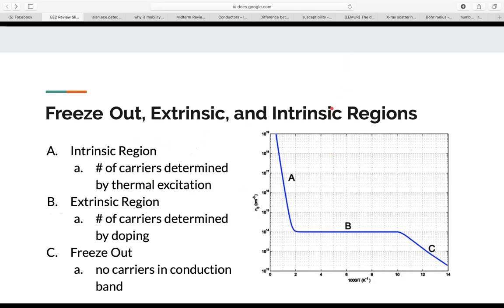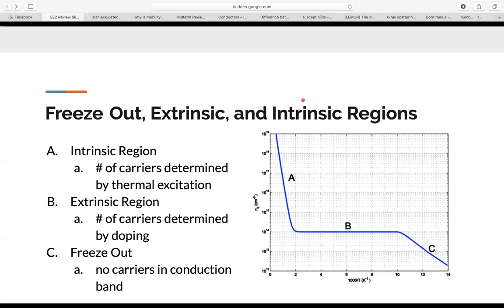Okay, so all semiconductors have three regions that they act in. If we look at this graph, the x-axis is 1/T, which means that the further right you go, the lower the temperature.